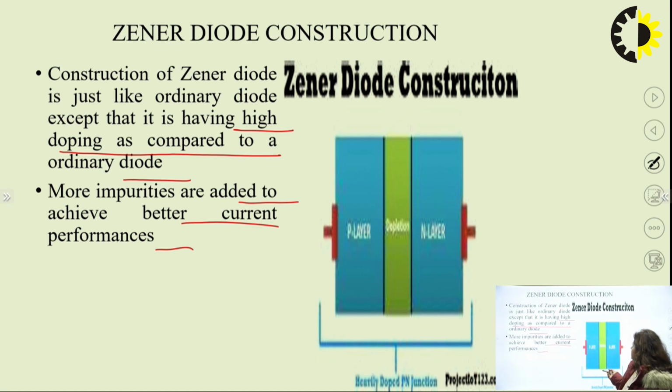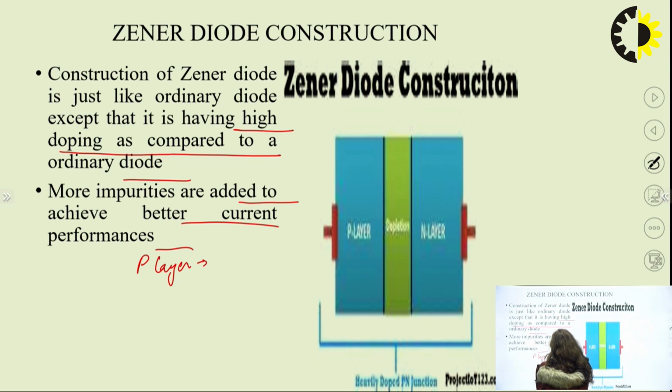So from the construction point of view, we have a P layer and an N layer. In the same way, the P layer is constructed with trivalent impurities. What are trivalent impurities? Like boron, aluminium.